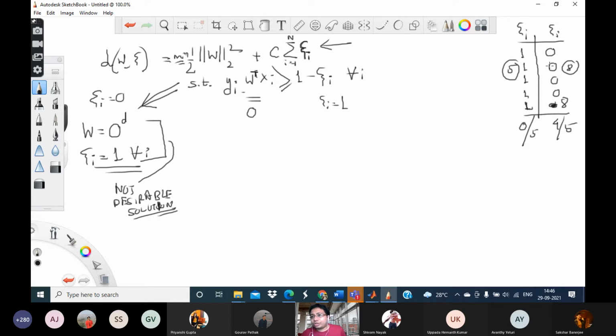To prioritize this over this, what I should ideally do is promote a sparse xi. That is to say, instead of just the sum of xi, I have to use some kind of a sparsity-producing function on xi. Say, for example, we have already studied lasso regression, right? So in case of lasso regression, what did we want?